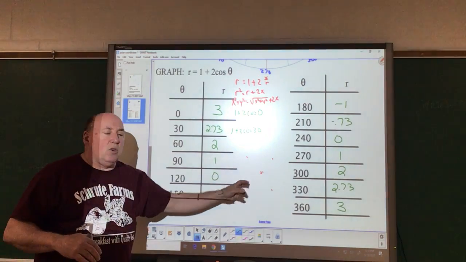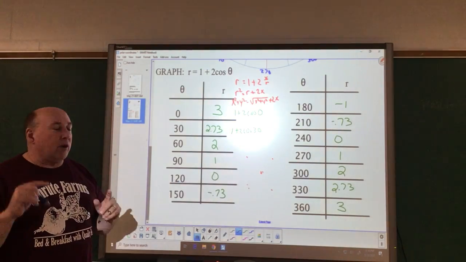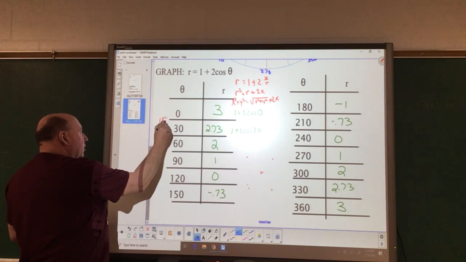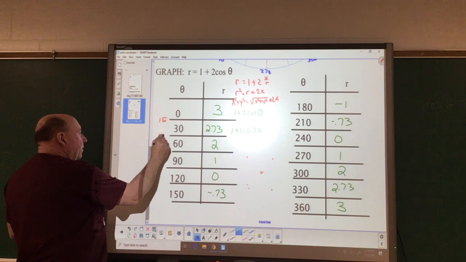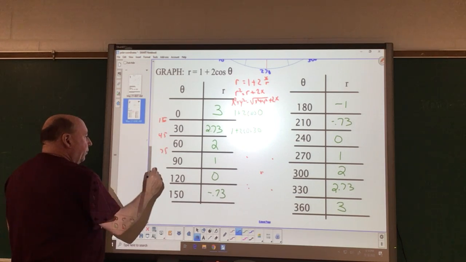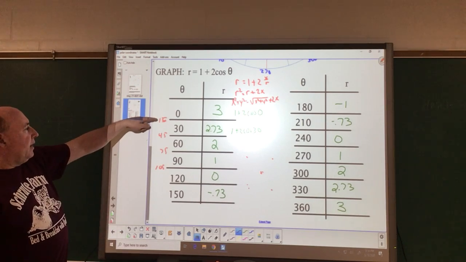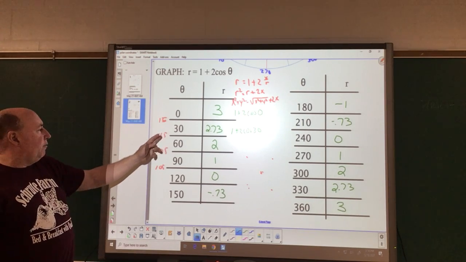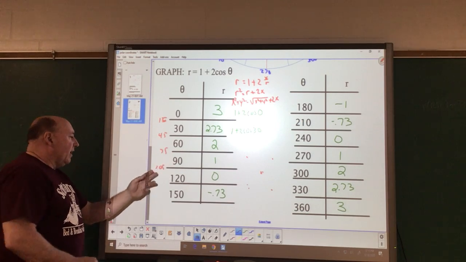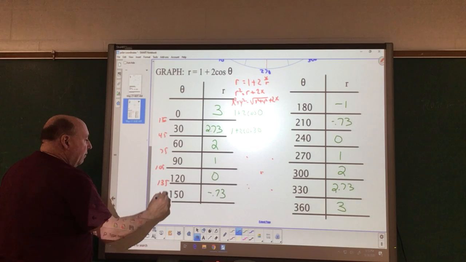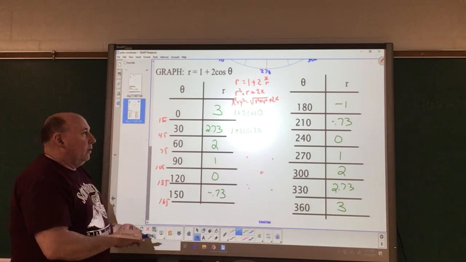And to get your entire graph, you're going to have to use some intermediate values. Go every 15 with your values. So you have 0, 15, 30, 45, 60, 75, 90, 105, 120, 135, 150, 165, and then 180.